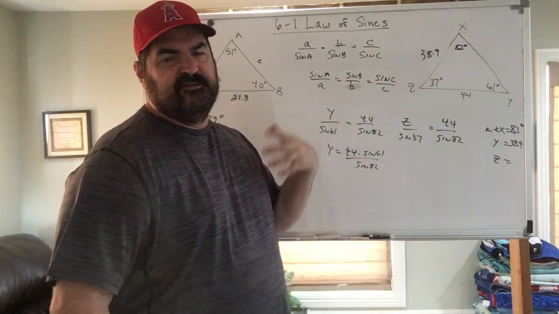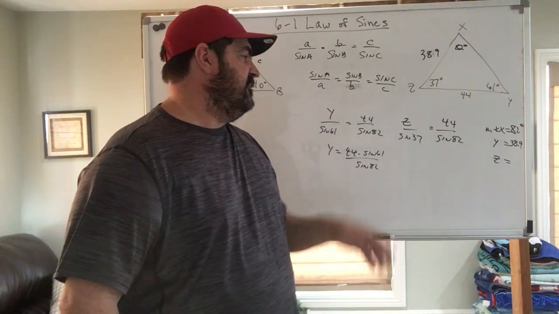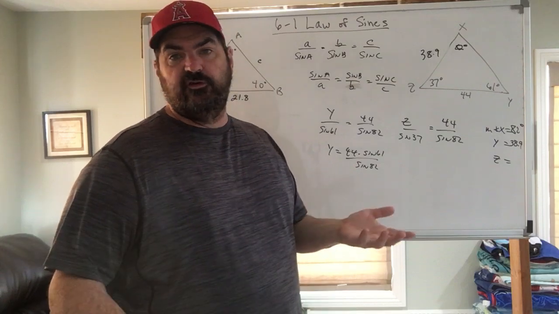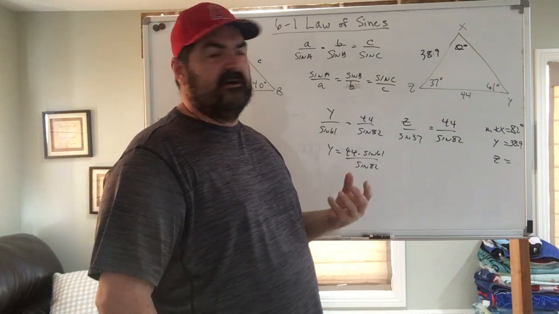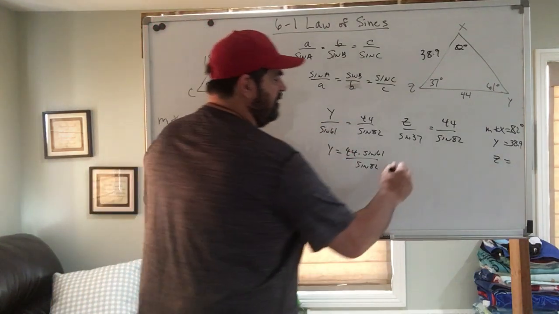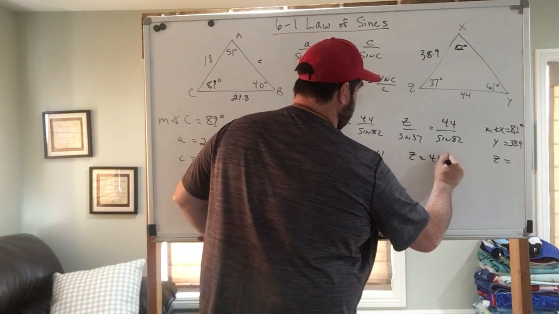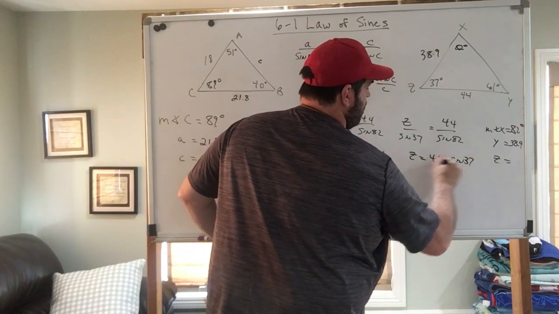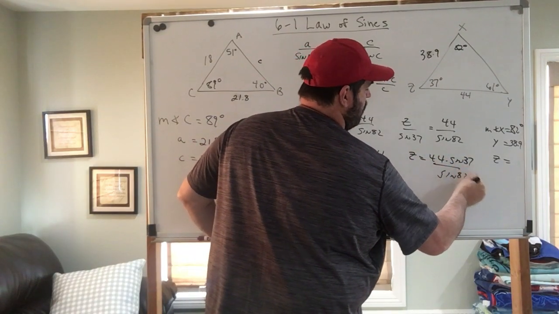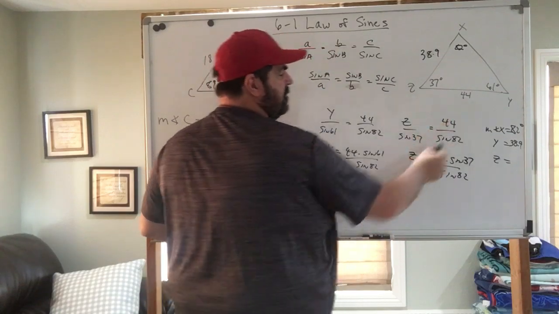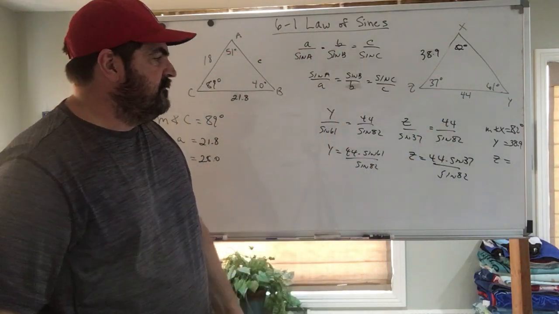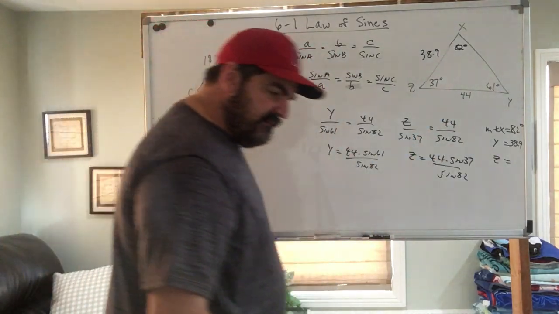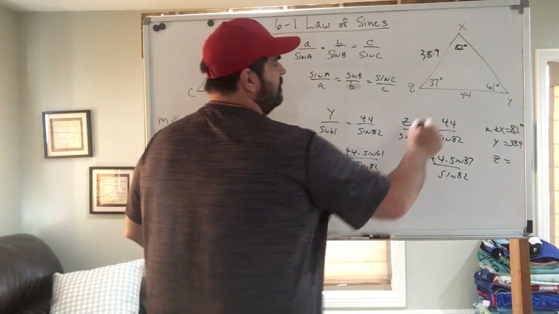You maybe try it just to see, and then see how close it is. It'll be off by a little bit because you're using a rounded answer. It's not going to give you the most accurate. All right, multiply by sine of 37. All I'm doing is multiplying both sides by sine of 37, just like I did all the rest of them. Punch that in my calculator. I've done it already. It turns out to be 26.7.